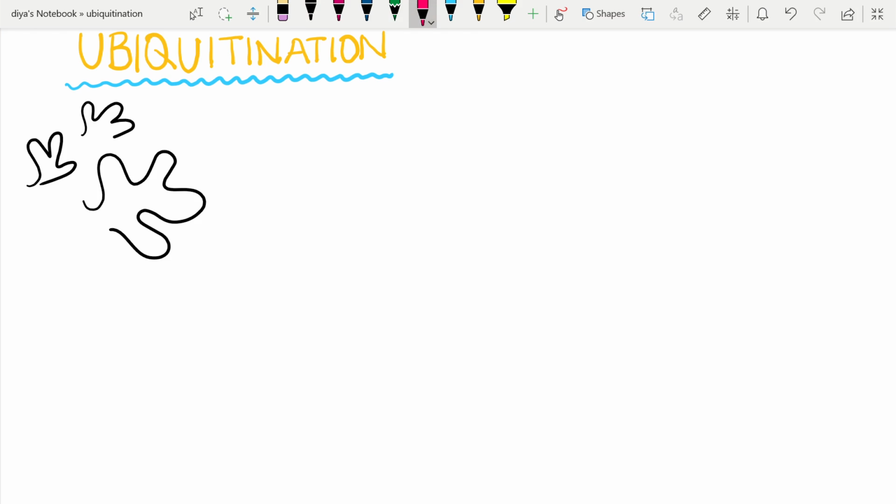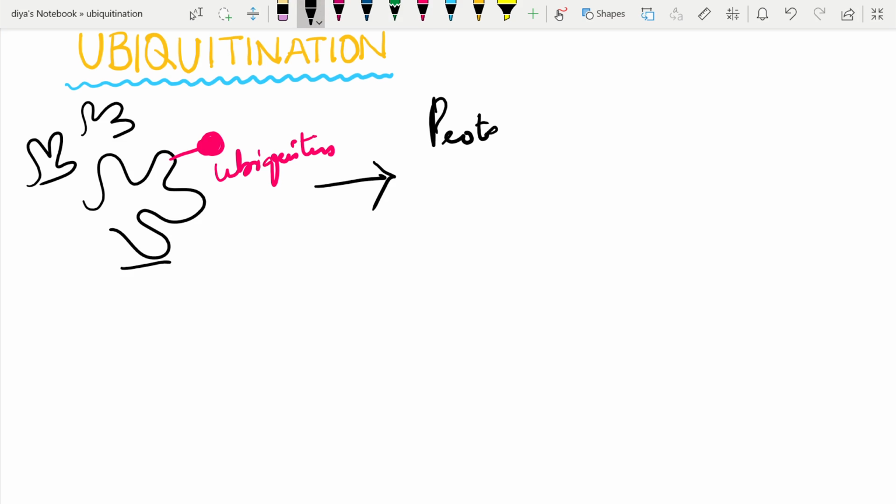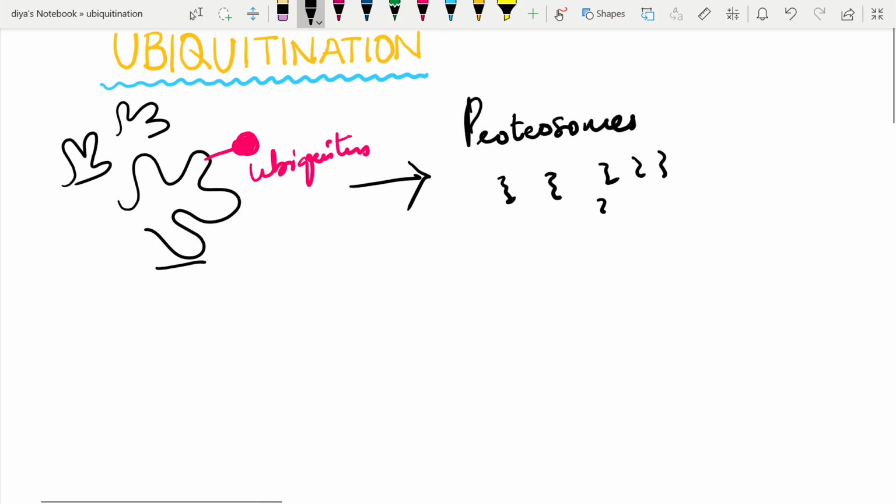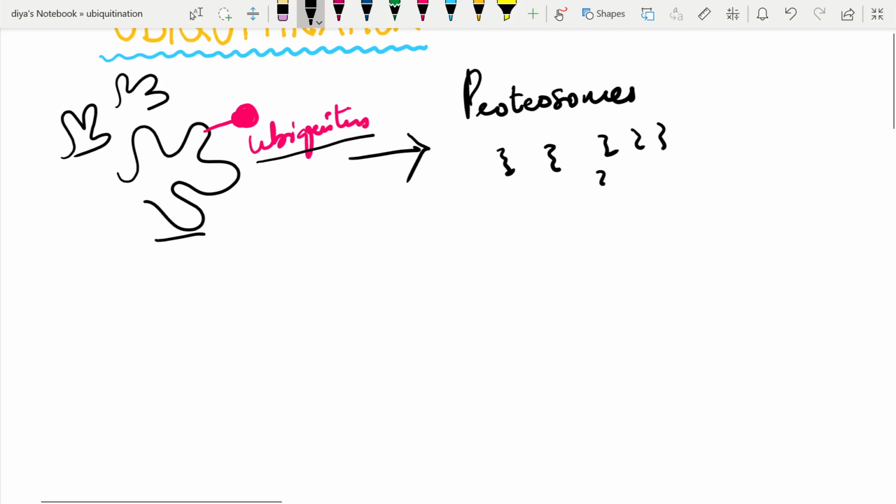This has to be tagged by special proteins called ubiquitin, and these tagged proteins will be recognized by proteasomes and then degraded into smaller amino acids. So the process of tagging such faulty proteins by the ubiquitin protein is known as ubiquitination.